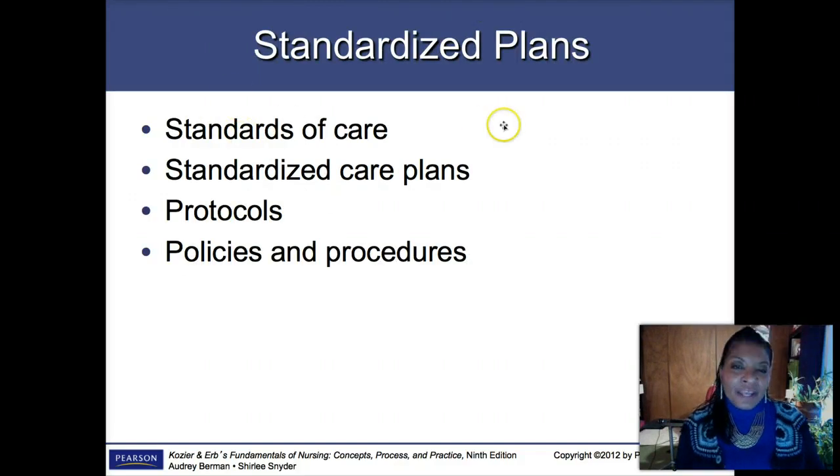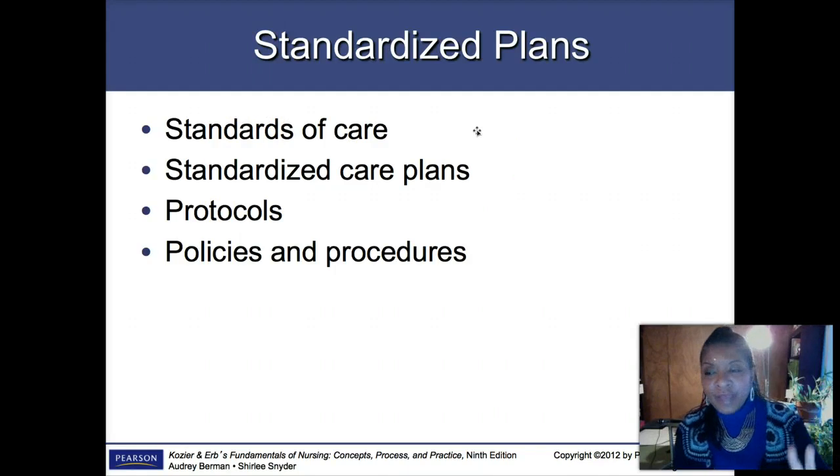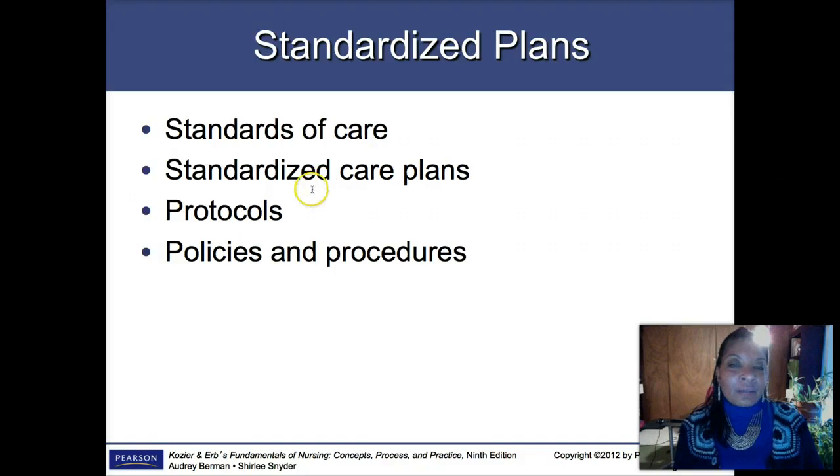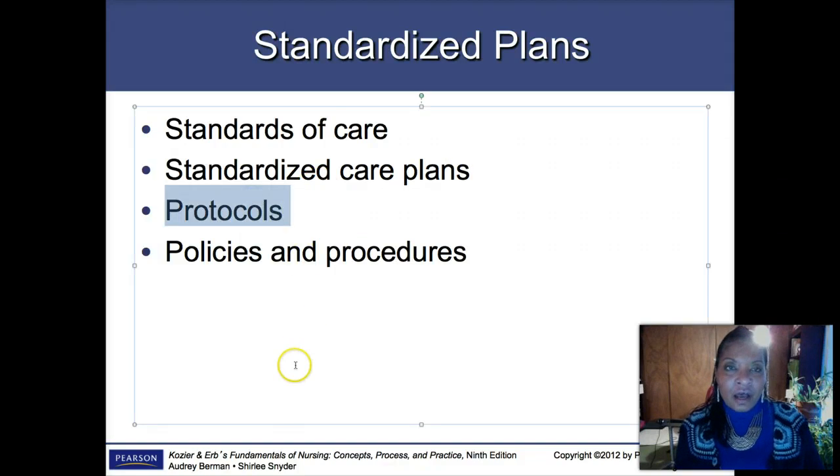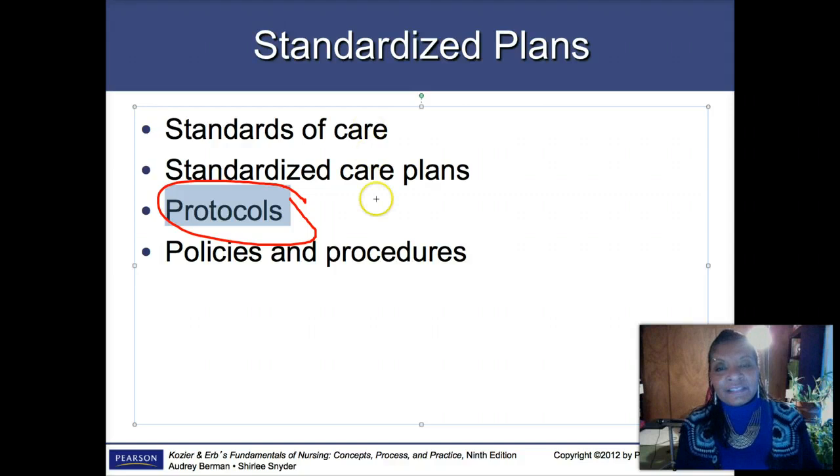Now, the care plans can be standardized in format, but you, the nurse, have to individualize it. What comes down to protocols are those things that your facility might allow you to initiate, standing orders based on the patient's situation.